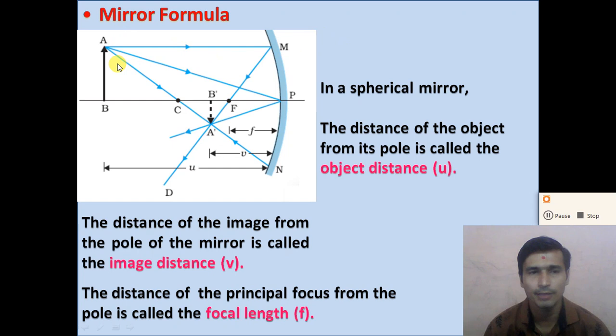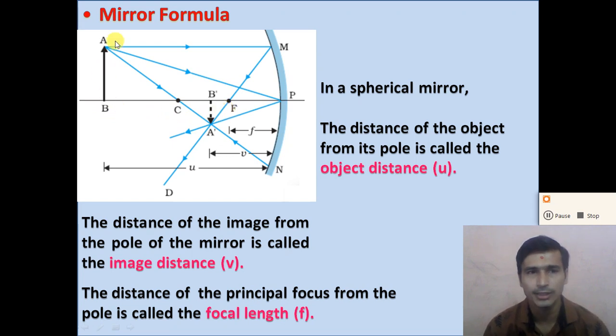So if the object AB is placed at a distance u from the pole on the principal axis, now where will the image be produced in case of the concave mirror? When the object is placed beyond the C, the image will be produced between C and F.